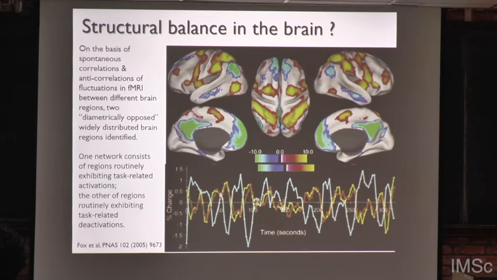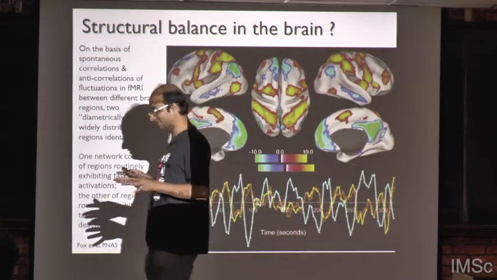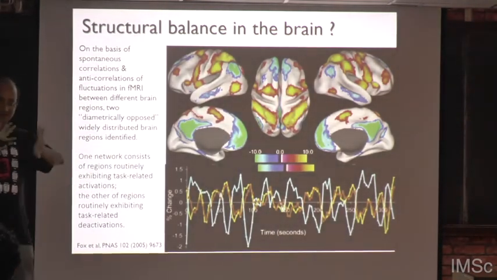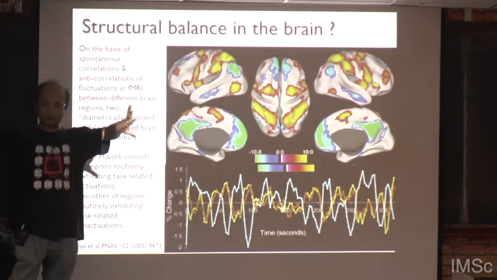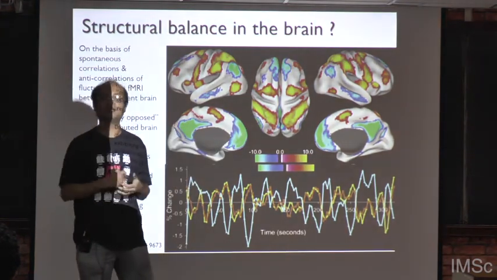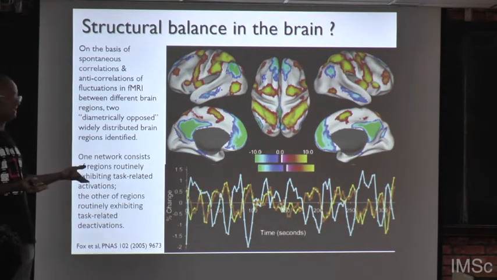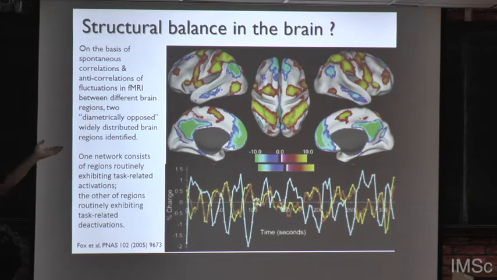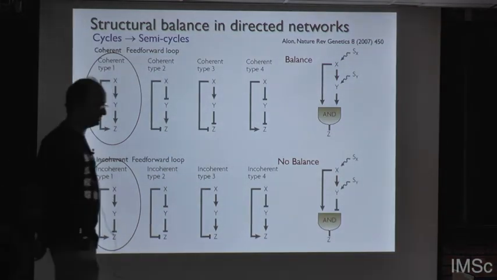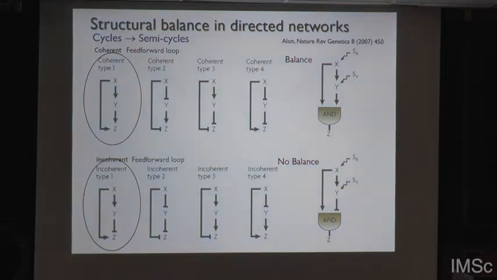So, essentially if you look at your structural balance theory, you would immediately realize that what this corresponds to is spontaneous segregation of the network into two groups, where within each group you have strong positive relations and between two groups you have negative relations. So, the occurrence of such a functional network of brain regions implies that structural balance is implicit in the dynamical brain networks. But more concretely, Uri Alon's group has looked at unbalanced motifs in the context of genetic regulatory circuits.